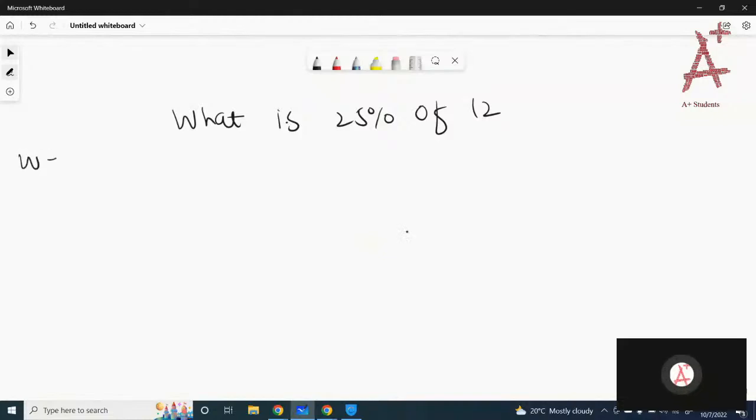The whole is 12, and the percent is 25%.